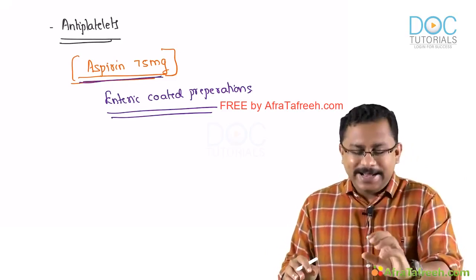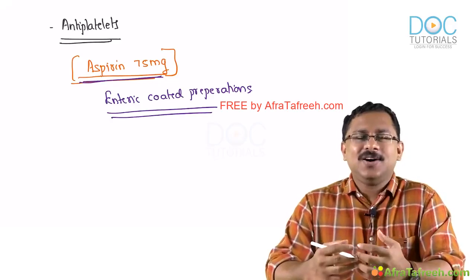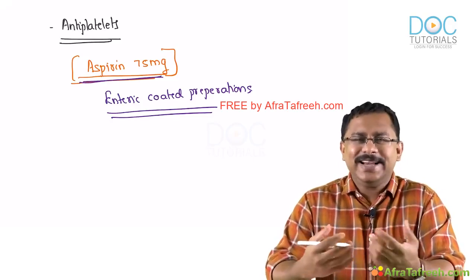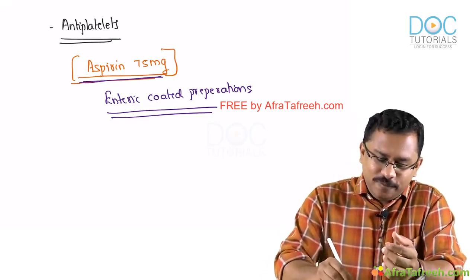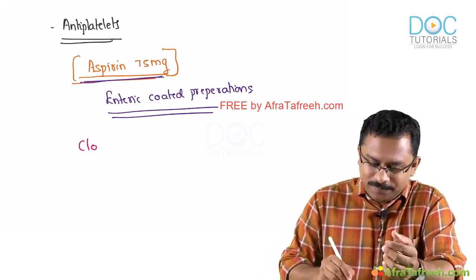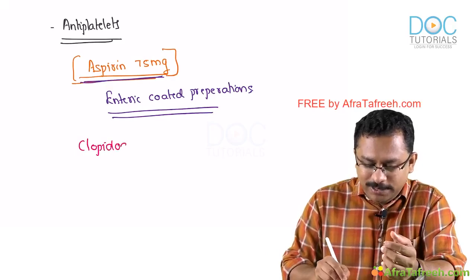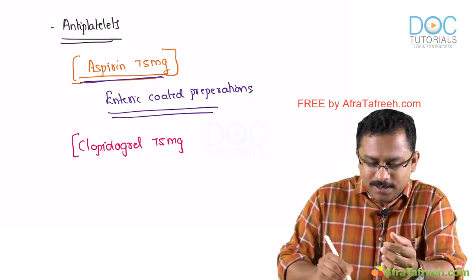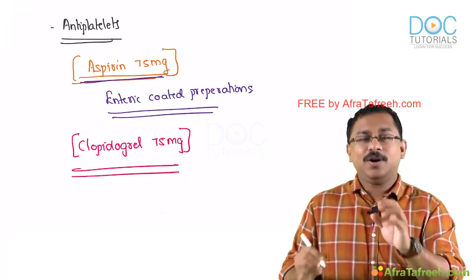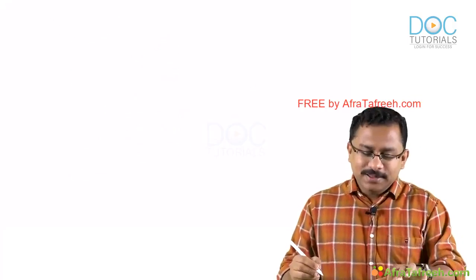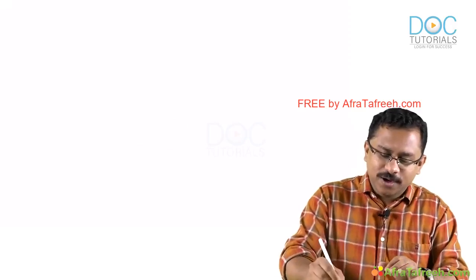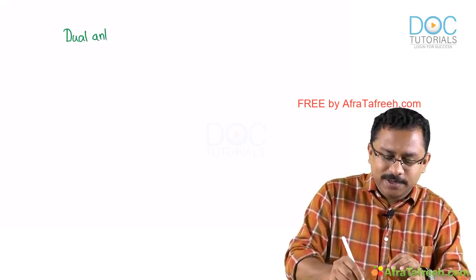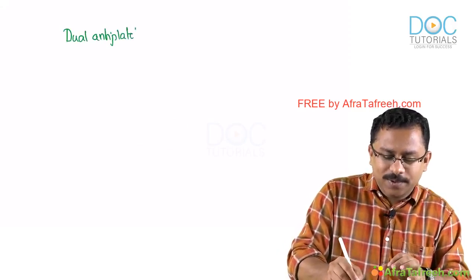But if there is an aspirin intolerance, or the patient is not at all tolerating aspirin because of its side effects, then you can go for an agent like clopidogrel, again 75 milligram of clopidogrel. But always the first choice is aspirin. The next question is, is there any role for dual antiplatelet, that is both aspirin plus clopidogrel?